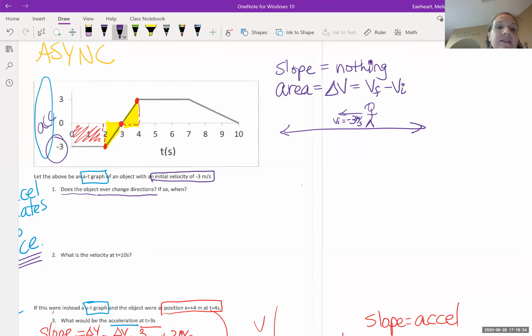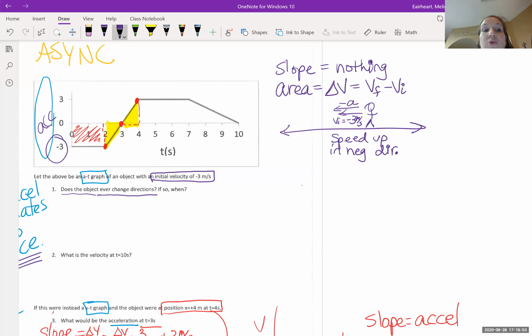Something pulls us to the negative. And so here we have a negative acceleration. Yeah, it's a 3 value. But if your velocity and acceleration are both the same sign, what's the story behind this? We're going to speed up in the negative direction. And that's what happens from 0 to 2 seconds.